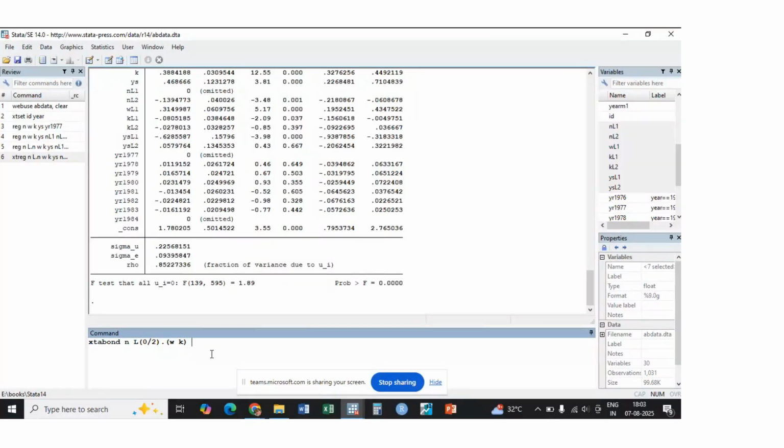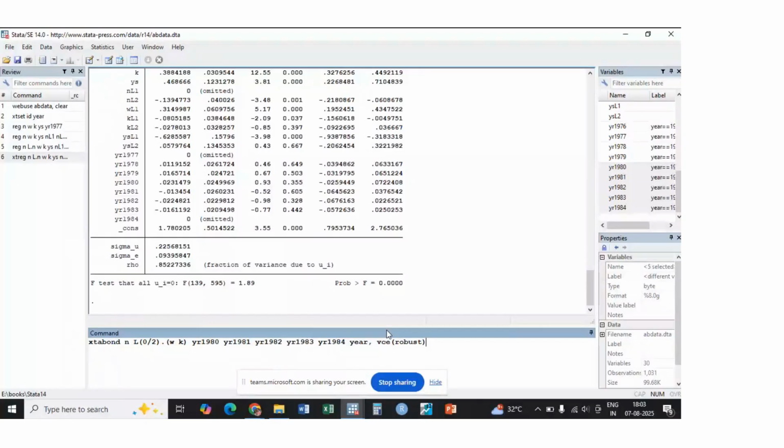We need not add all year dummies. I'm just trying to limit the sample, because the moment we add more variables, you also add the year function as well. We will try the vce robust option.